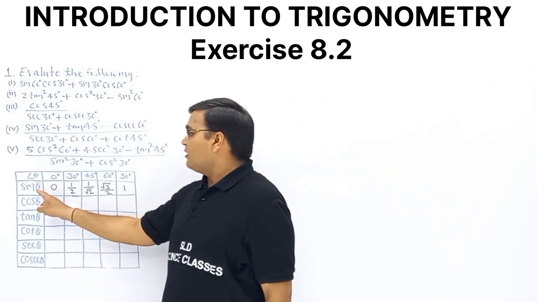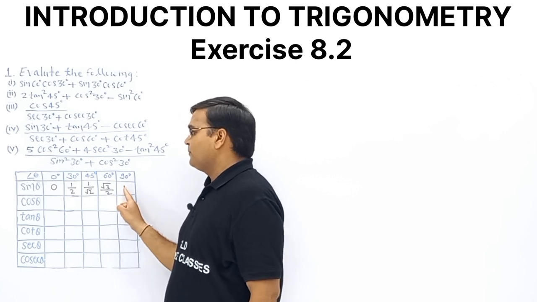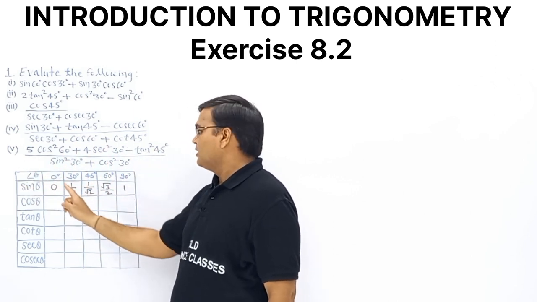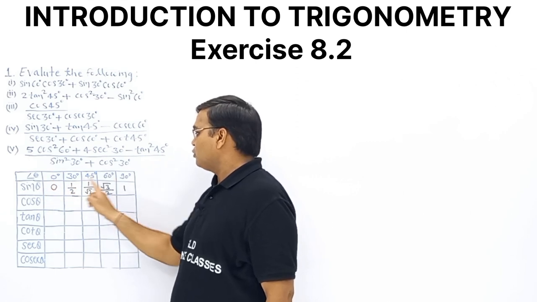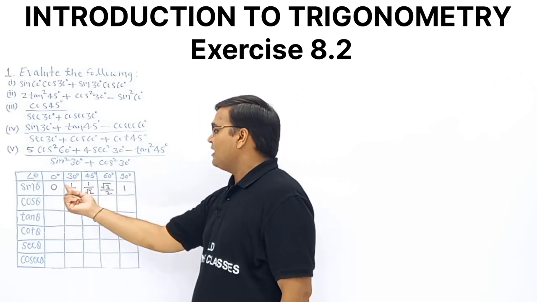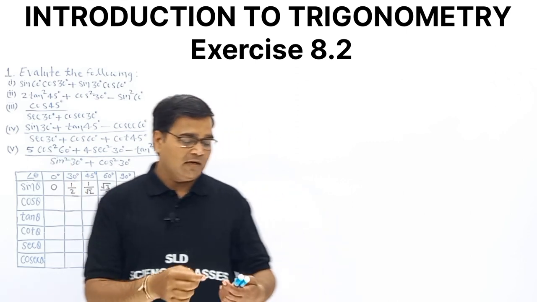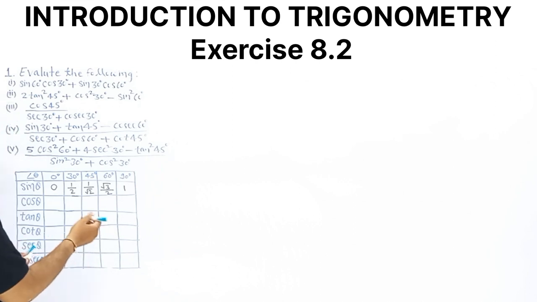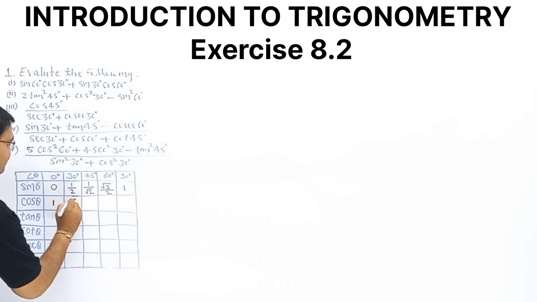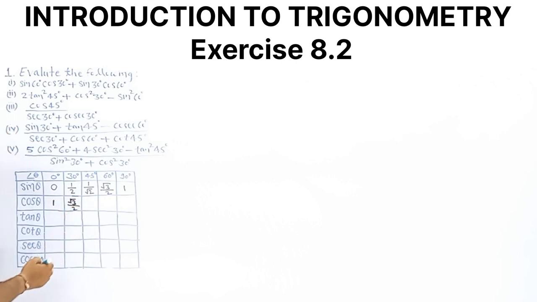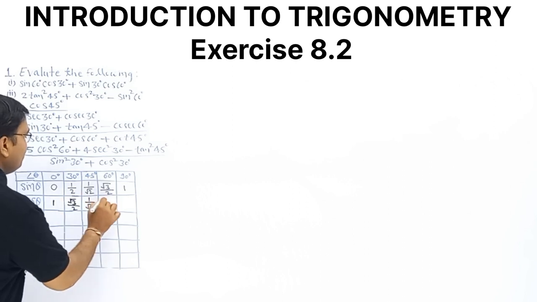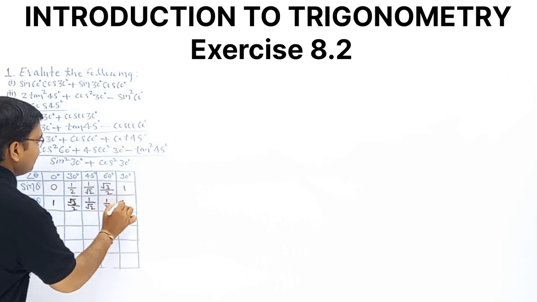So sin theta varies from 0 to 1. Once we reverse these values, cos theta varies from 1 to 0. Reversing the data, 1 will be there, then 1 upon square root of 2, then 1 by 2, and so on.